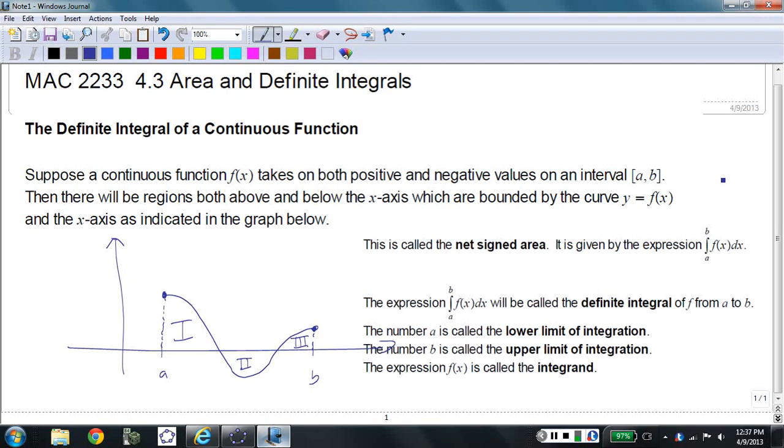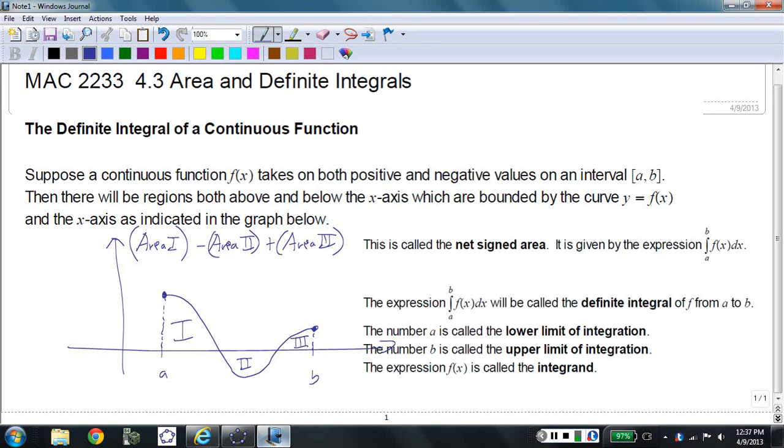If I take the area of region 1 and add it to the area of region 3 and then subtract the area of region 2, or maybe I should say it like this: area 1 minus area 2 plus area 3. This is called the net signed area of the regions bounded by the curve and the x-axis.